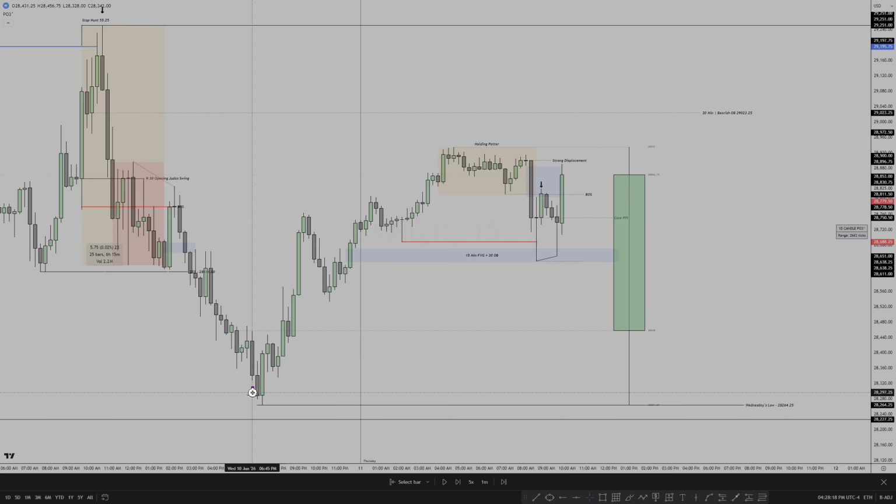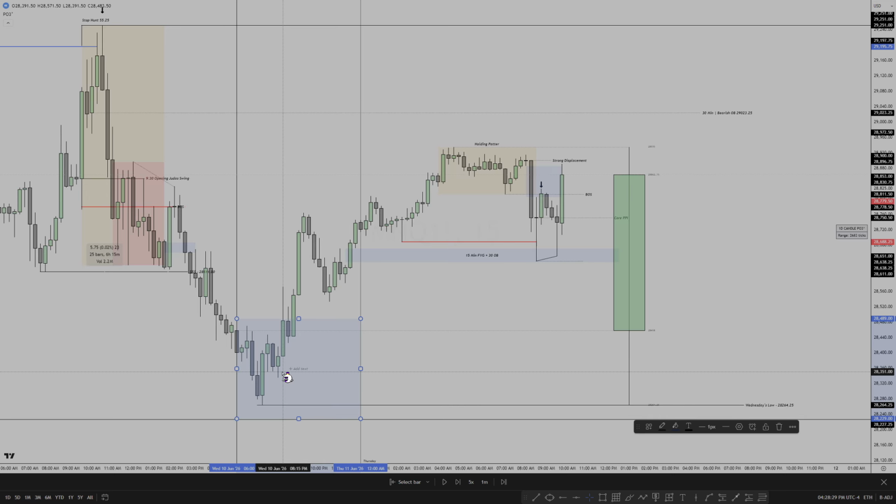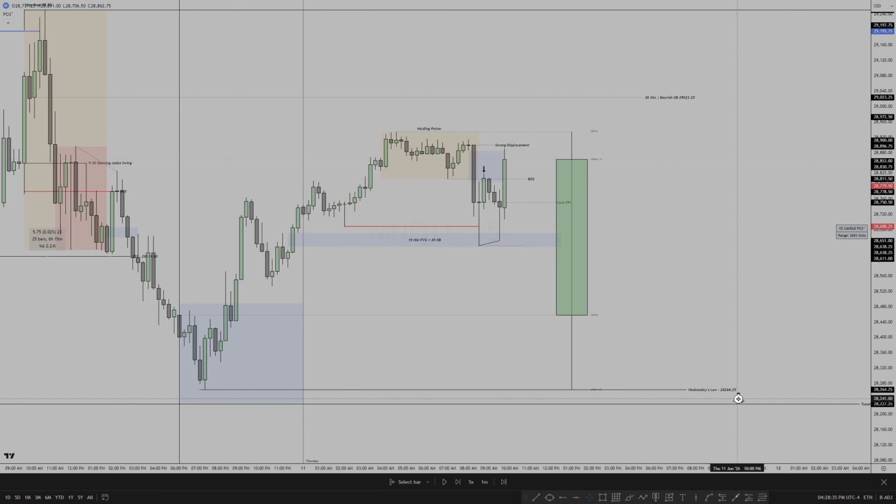So when we created the open back here for Asia, and Asia's low is down here. We created that low for Wednesday within the Asia session that came in at 28,264.25.